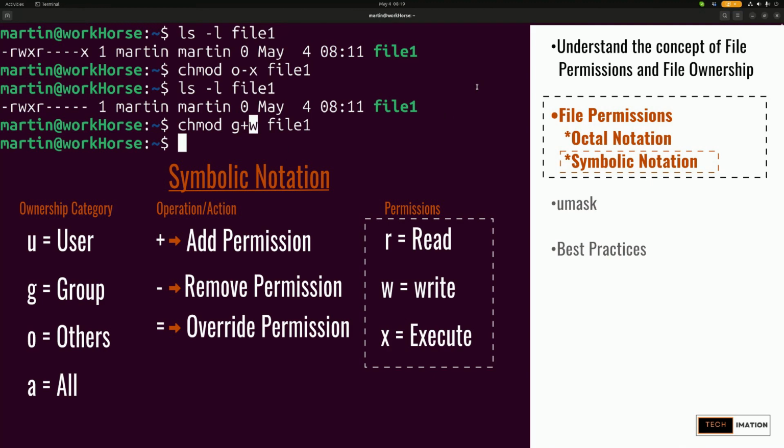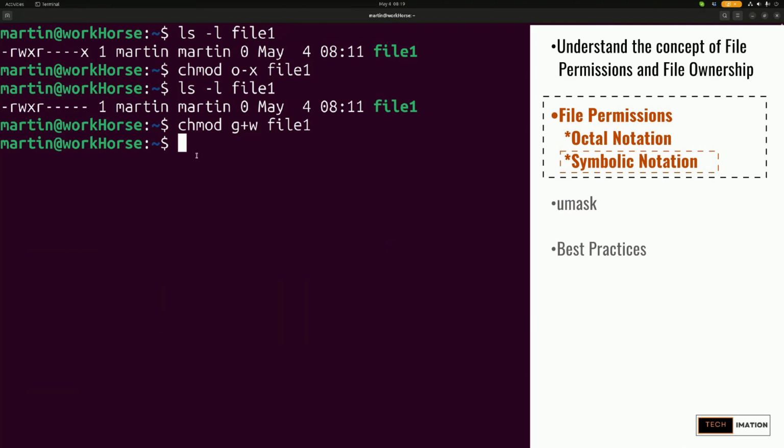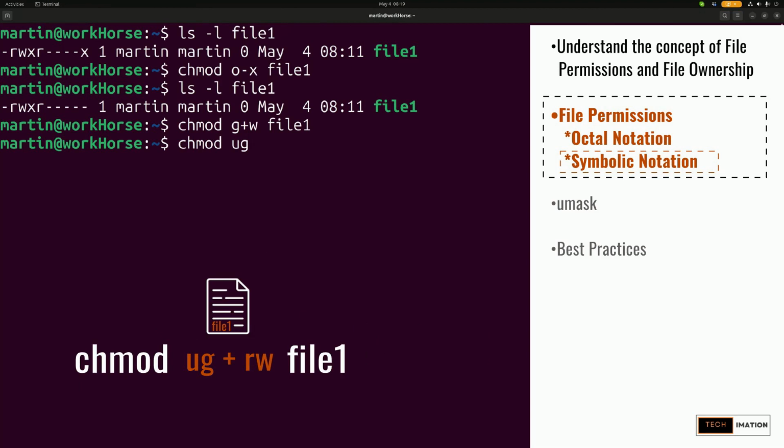Okay, and now you can combine these. You can say chmod ug plus rw on file 1. Now, what did you do here?